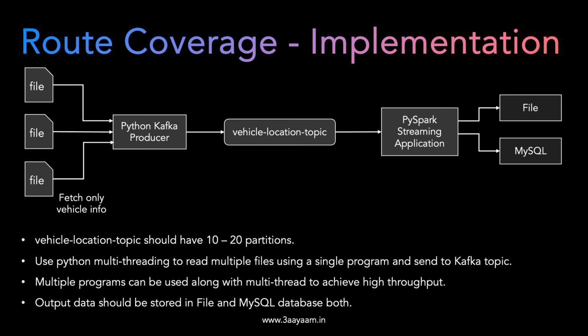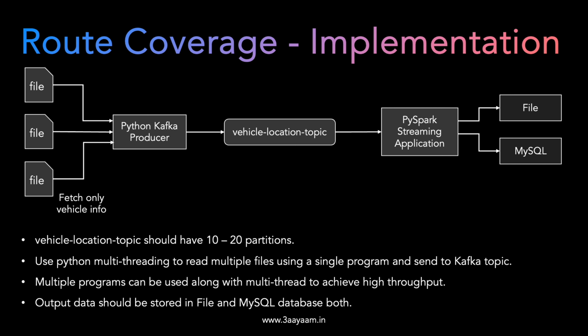And once that is done, you'll have to capture the information using the PySpark streaming application. Output data should be stored both in file and MySQL database. The MySQL database can be on Aurora, AWS Aurora, or on your local machine also. I would recommend to use AWS Aurora because that is easier to implement.